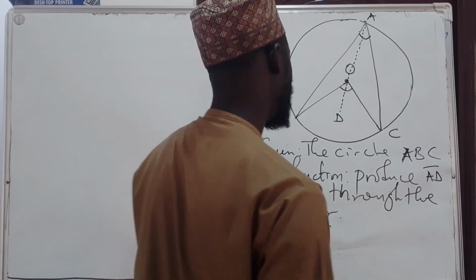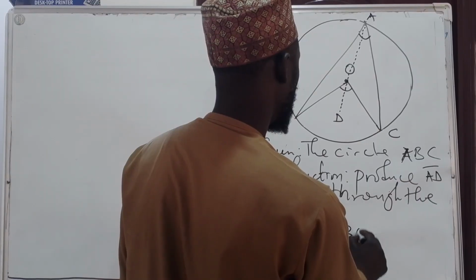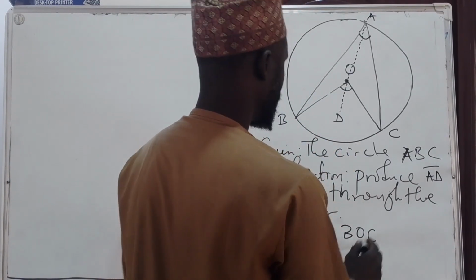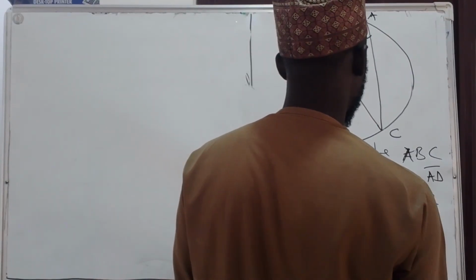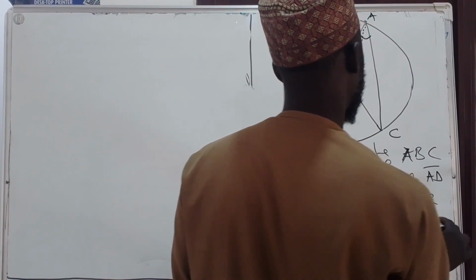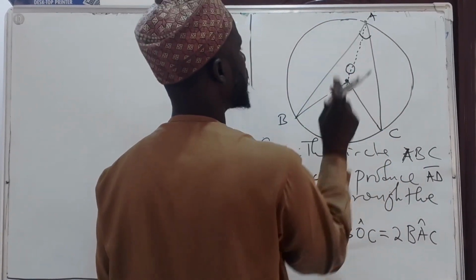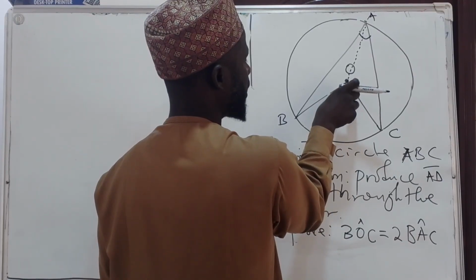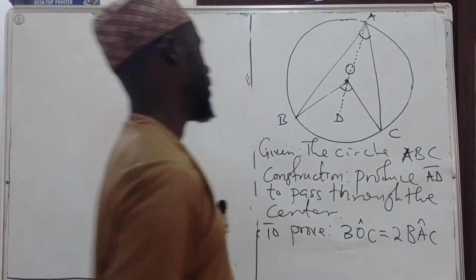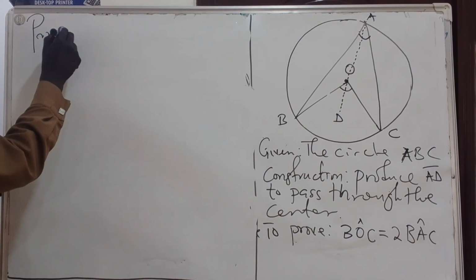We want to prove that angle BOC, this angle, is equal to 2 times angle BAC, this angle. So this angle as a whole, BOC, is twice BAC. That is what we are going to prove. So we start with the proof.